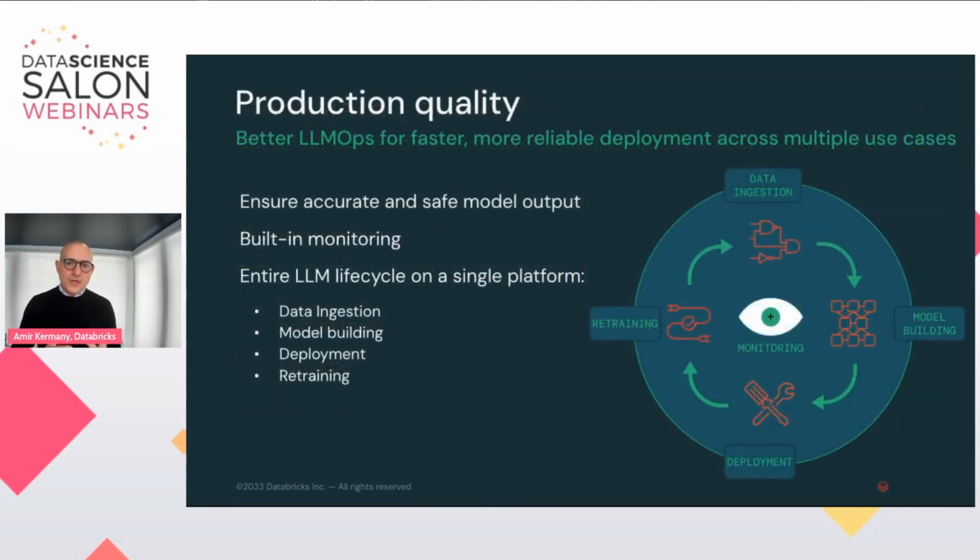Next, when you're looking at production quality, consider the cycle of a GenAI application. If you are building your own model, you do some deployment of the model. Then you train the model, and based off that, you expose the model, do the data ingestion, it goes back to the model building, and so on and so forth.